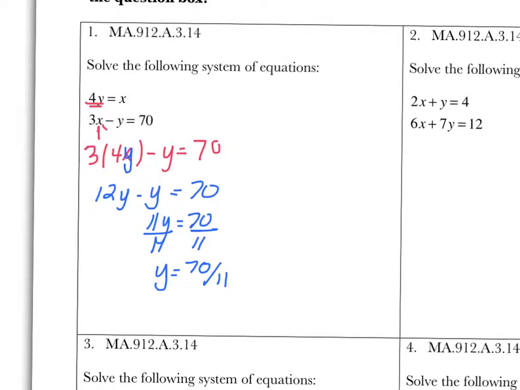All right, now I'm going to find my x value by taking that y and substituting it back up here. It's going to be 4 times, not y anymore, but 70 over 11. And I'm going to multiply. 4 times 70 is 280. I keep the denominator.